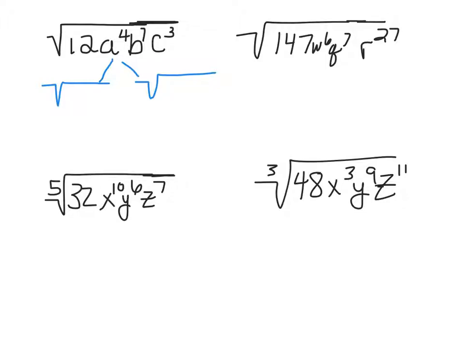Well, 1 squared is 1. That doesn't help us much. 2 squared is 4. 4 is a perfect square, and 4 is also a factor of 12. So what times 4 is 12? 3. So I'm going to write 4 in the perfect square part, and I'm going to write 3 in what's left over.